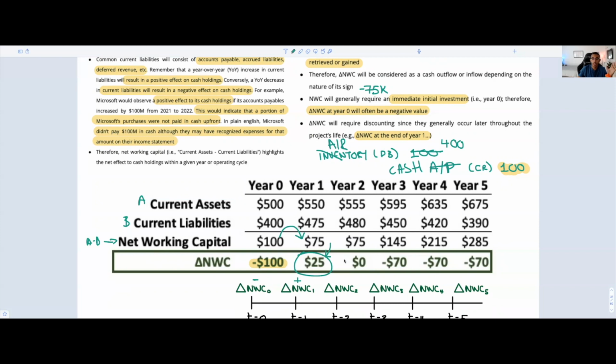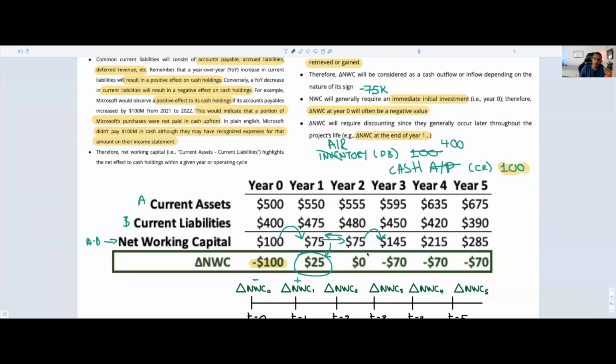Then if we look at year 1 to year 2, we notice that it's 75 and 75. They're the same value, so the change in net working capital from year 1 to year 2 is equal to $0. However, at year 3, we notice that our NWC increased, almost twice the previous value.